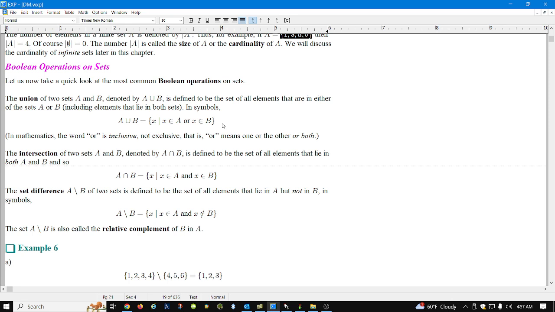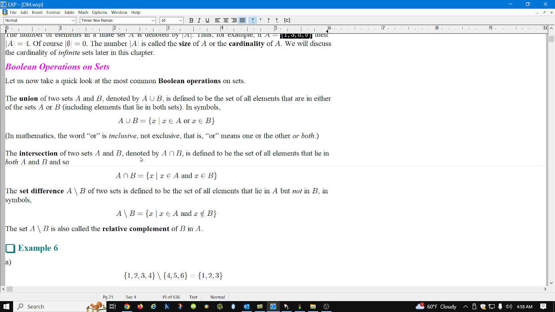I might even add, but not both, one or the other. In mathematics, the or is always inclusive. So the statement, I'm going to the bank or I'm going to the grocery store, is true if I go to both. We'll talk about this again when we talk about logic, but it's important to make this distinction.